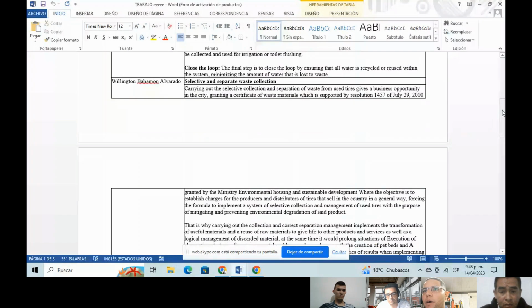Okay, about the topic optimization and reduction in water consumption, I'm going to talk about this topic. It's mine, Edinson Romero. Circular engineering is a design approach that aims to create closed loop systems where resources are conserved and waste is minimized. To apply the elements of circular engineering in optimizing and reducing water consumption, you can follow these steps.